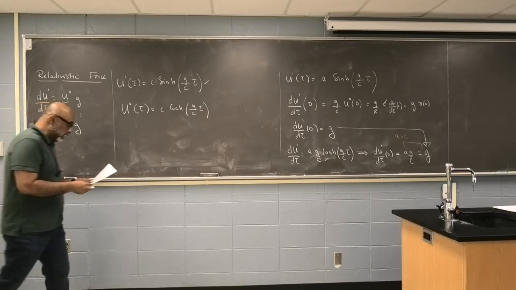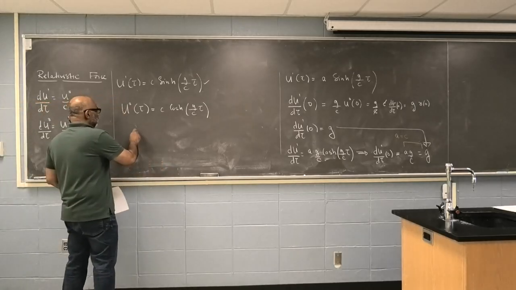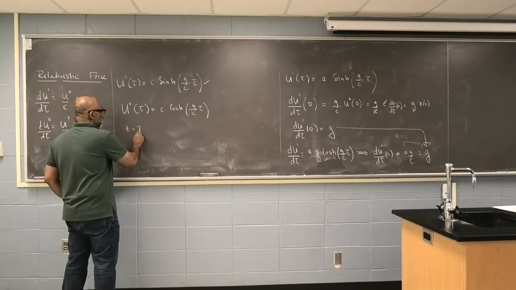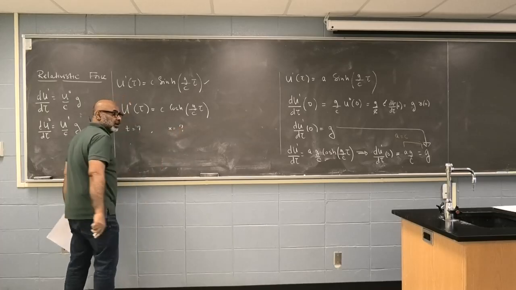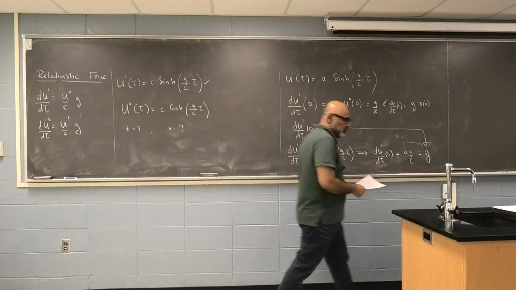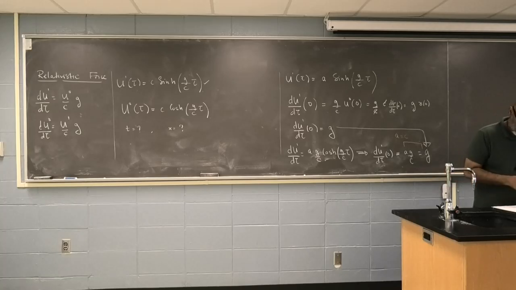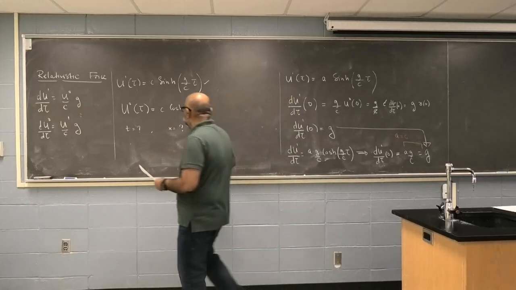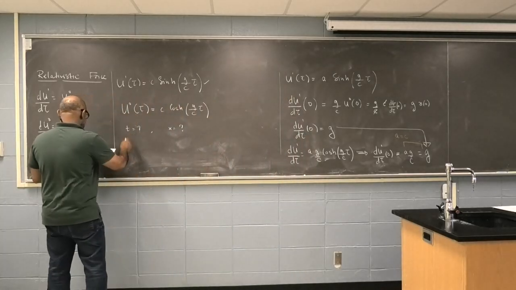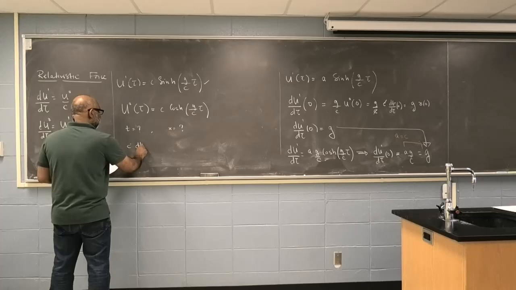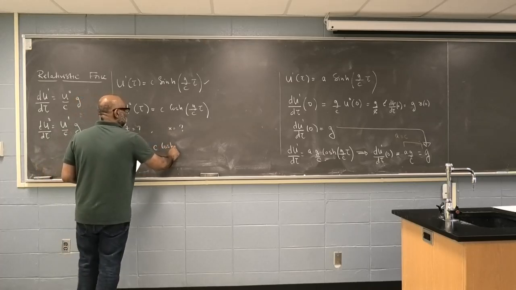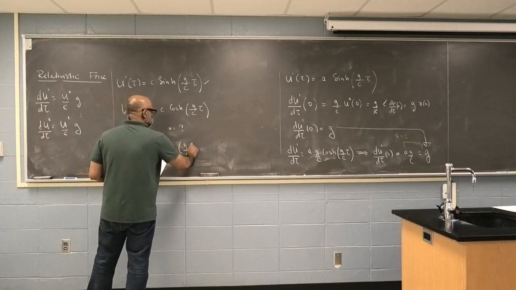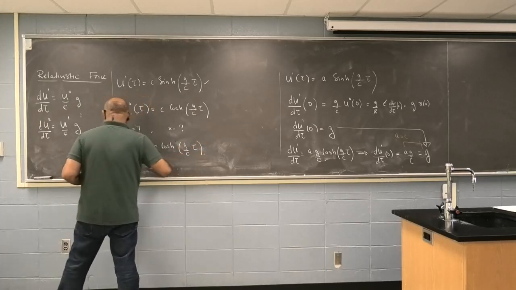Okay, so then now I want to find what t is equal to, and I'll write down what x is equal to. You'll verify this. So c times dt/dtau equals c cosh of g over c tau. Well, that's simple enough.